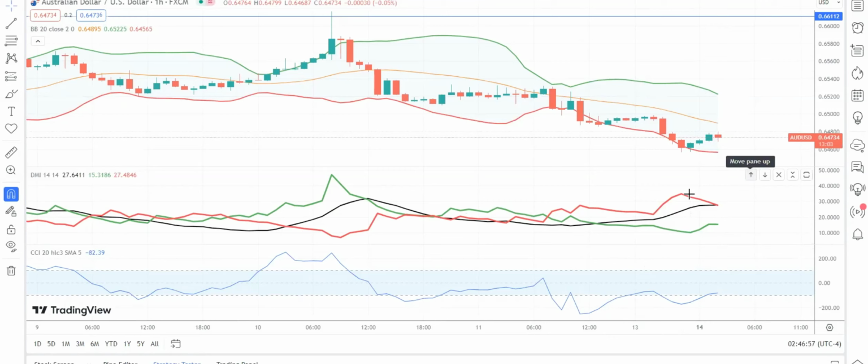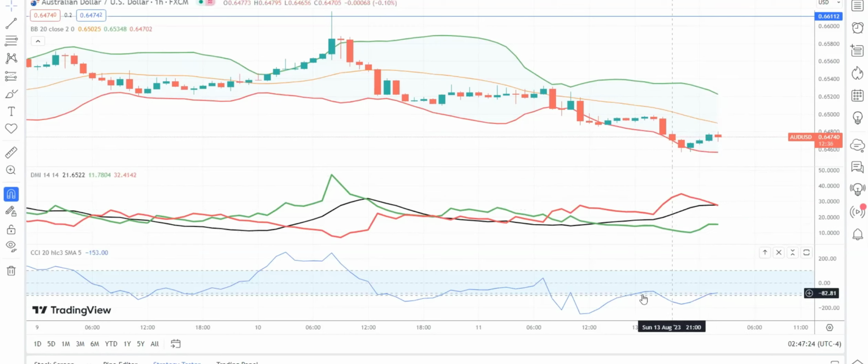Even though you see the bearish momentum on a longer time frame is going down, that's just because we're on the 1 hour time frame and the candles haven't quite caught up to it yet. But give it a couple more hours, and I'm pretty sure you're going to see this line start to go up and the bullish momentum going down. You can also see the CCI as well.